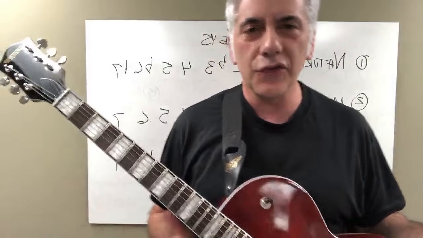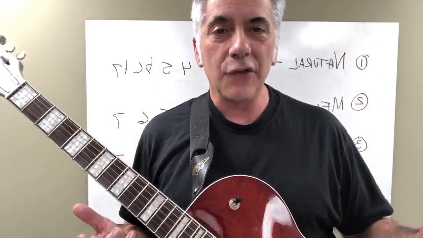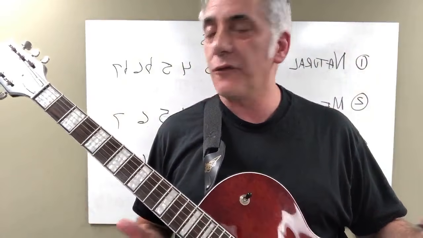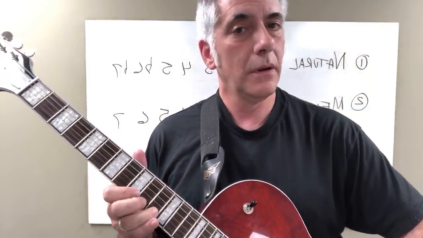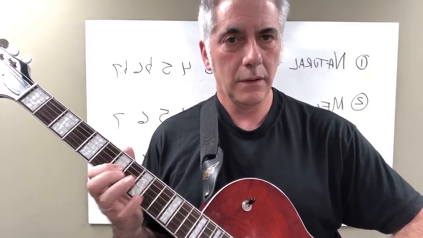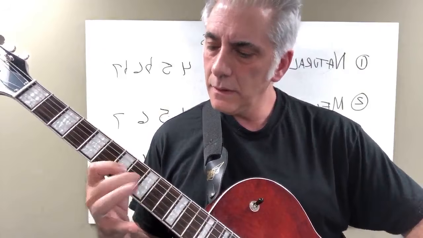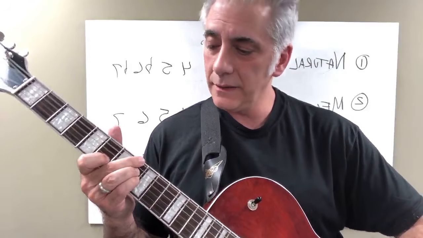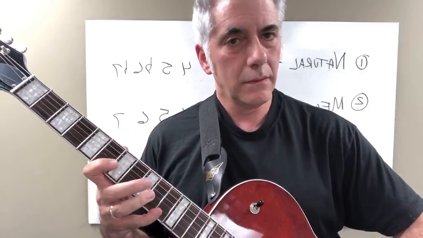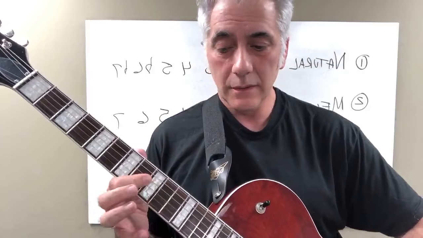And Dorian is typically used if you're just playing over a straight minor chord. If you're playing jazz or rock, guys like Peter Frampton, for example, will use that. That's Aeolian, or that's Dorian. You've got that natural 6.